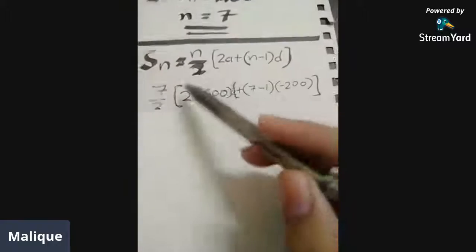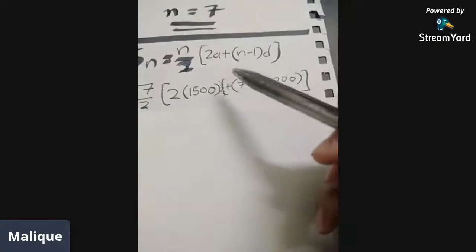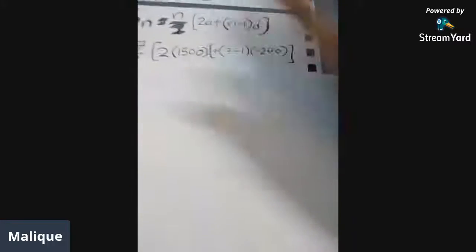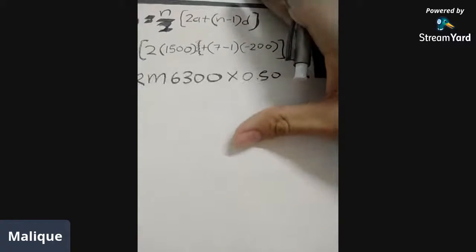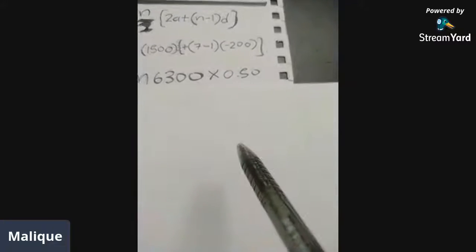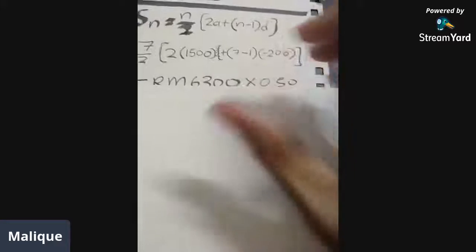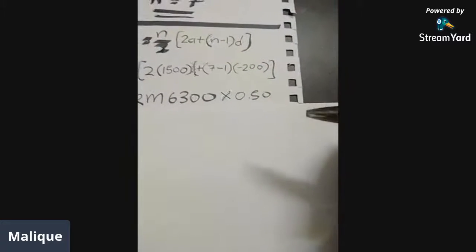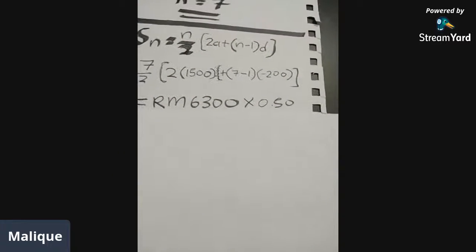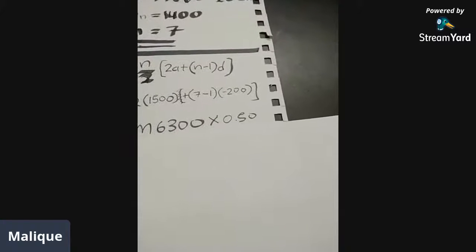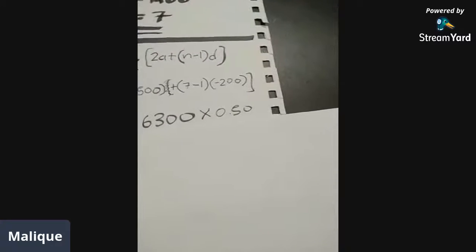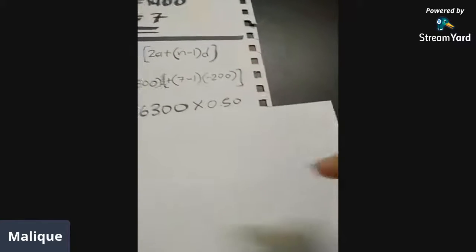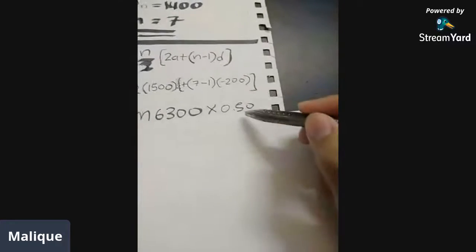You can either count it out by hand, or if you're lazy like me, you can just use a calculator, and you'll end up with 6,300 ringgit. But the amount of money it costs for one chicken to be fed is 50 cents.